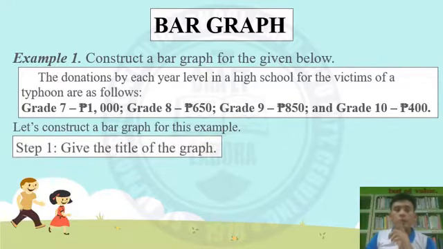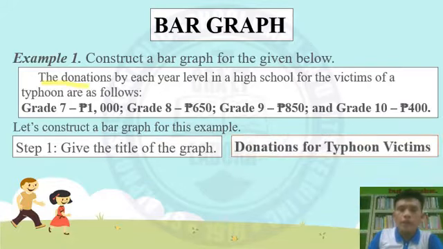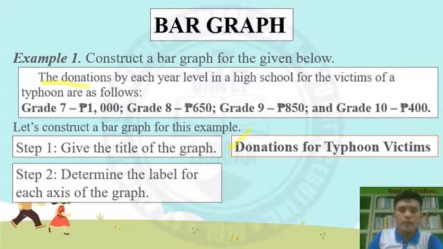First step, we need to give the title of the graph. As you can see in the problem, we're talking about donations. So the title is Donations for Typhoon Victims. Then we need to determine the label for each axis of the graph.